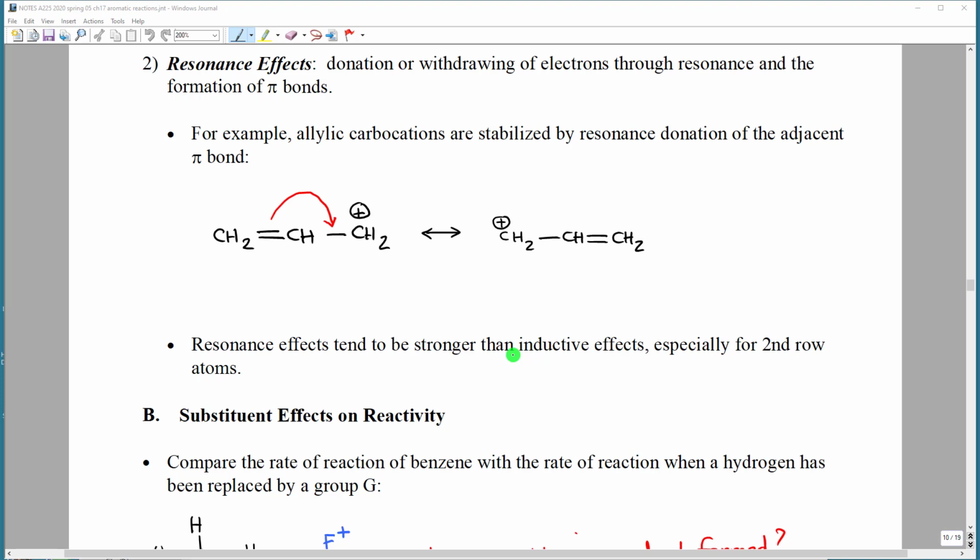So for example, we saw in an earlier chapter that allylic carbocations are more stable than typical carbocations, because when they have this adjacent pi bond, that adjacent pi bond can use resonance to push electrons toward the carbocation, effectively creating a new pi bond and delocalizing, or changing the position of, the carbocation. What we see in general is that resonance effects tend to be stronger than inductive effects, and we're going to see this when we see them in conflict with each other.